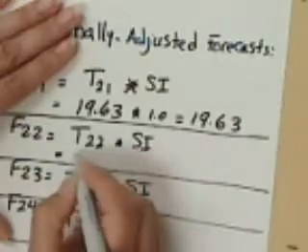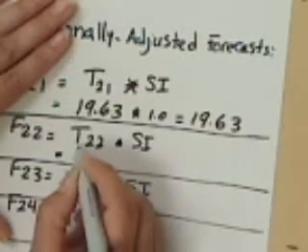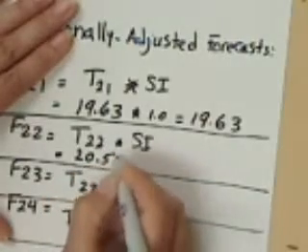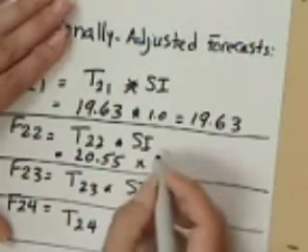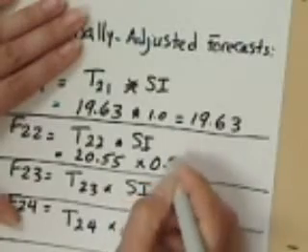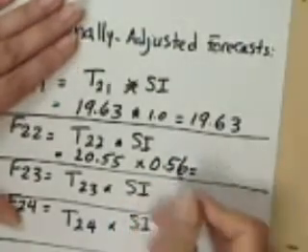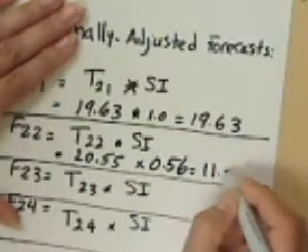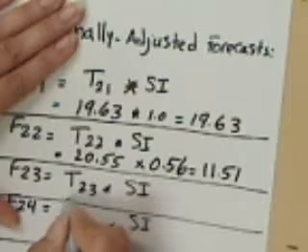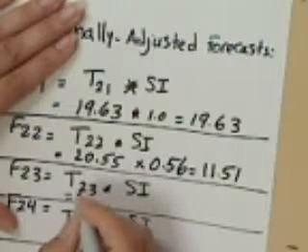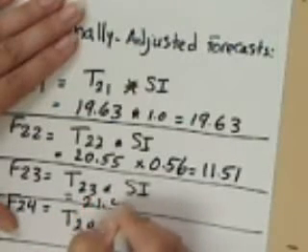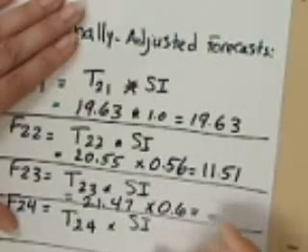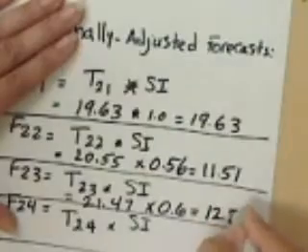This one right here would be the 20.55, which is the trend forecast, multiplied by 0.56, which is the seasonal index for Q2, and that would give me 11.51. This one would be, trend forecast was 21.47 multiplied by the seasonal index of 0.6, and you get 12.88.